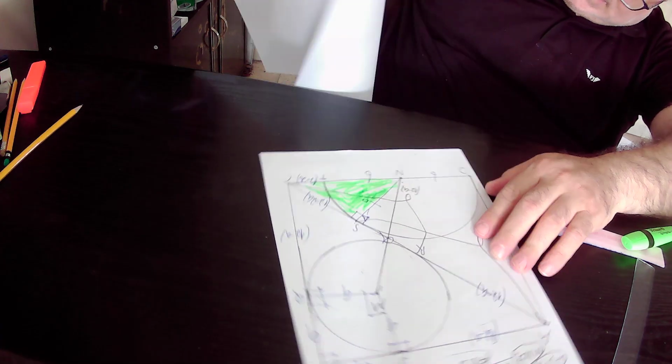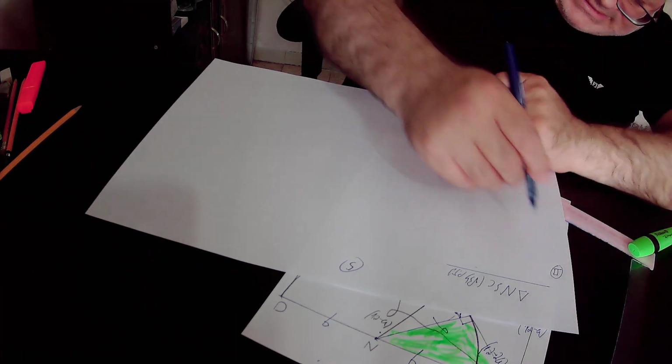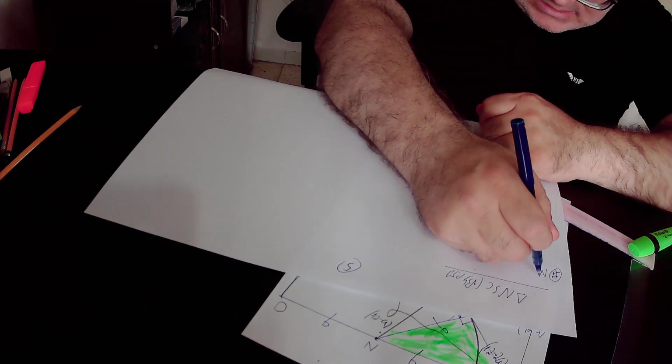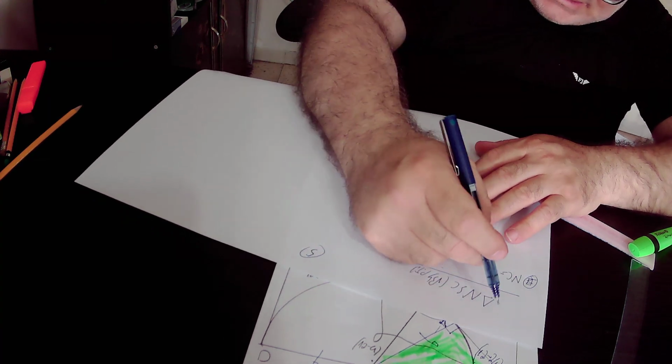The hypotenuse is NC, so what is the length of NC? The length of NC is actually equal to NT plus TC.